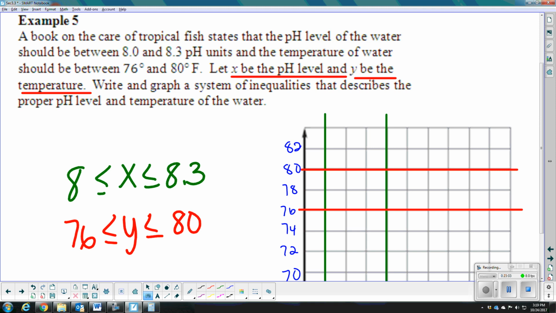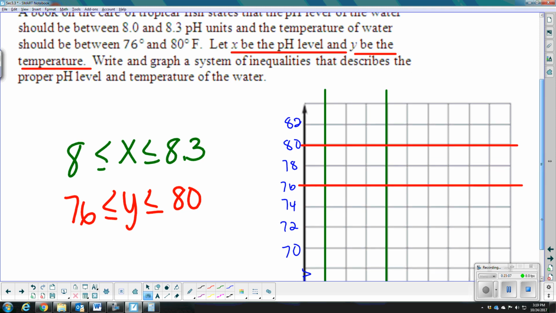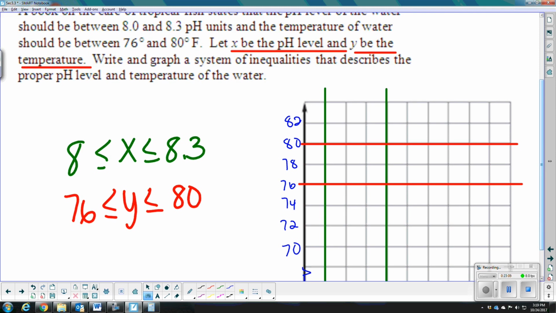And then you can graph both of those, well, actually all 4 of those lines. So both lines for both inequalities. So for the first compound inequality for x that I did in green, my solution for this would be the area between here.